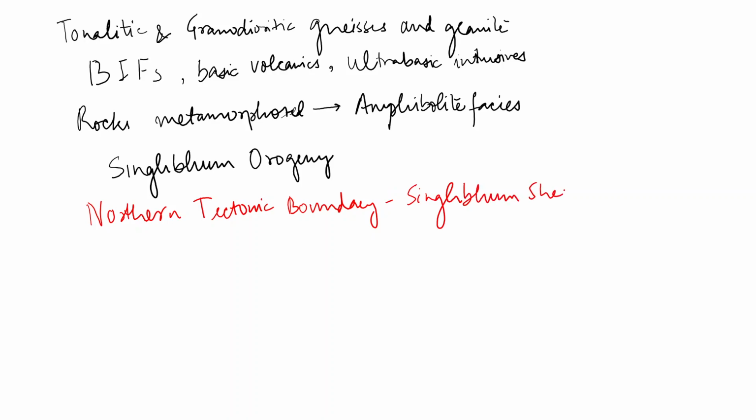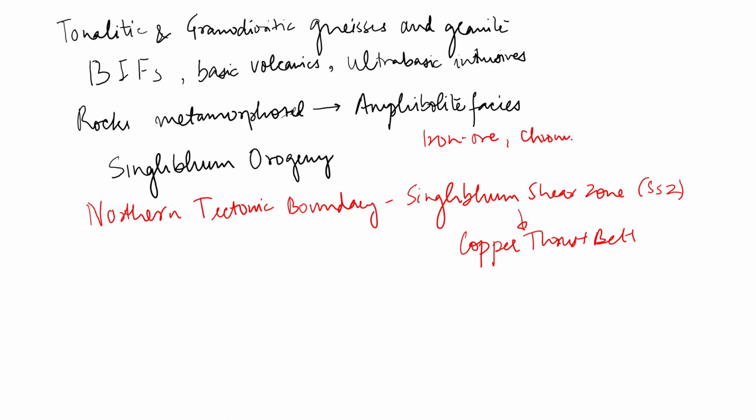which is also commonly referred to as SSZ. And very importantly, it is also known as the copper belt thrust. A lot of copper deposits are here. And as I had previously mentioned, iron ore and chromite deposits are here.